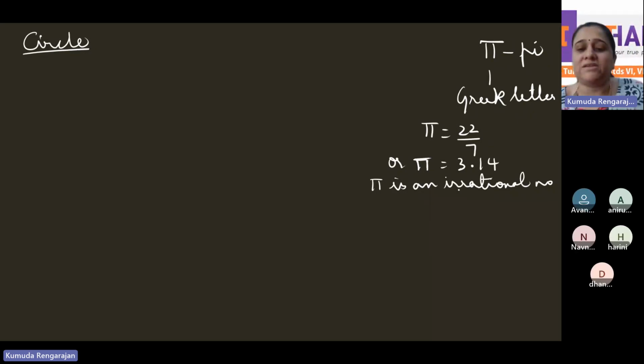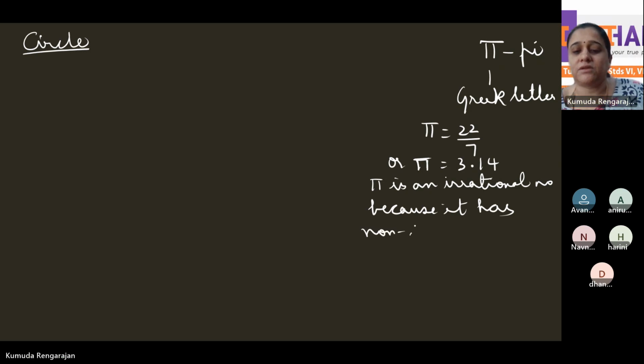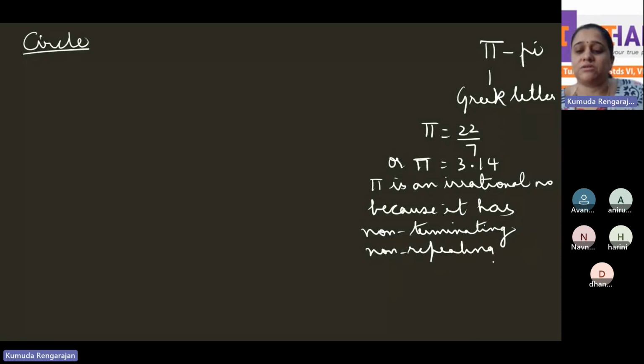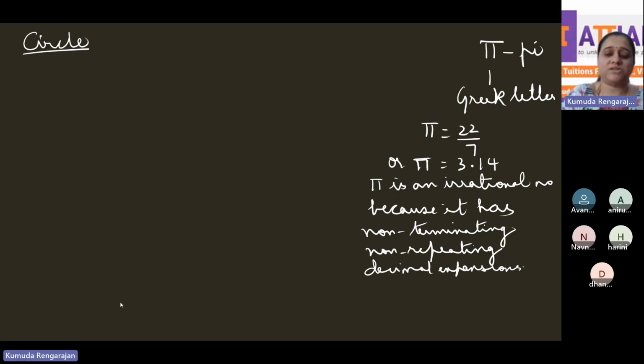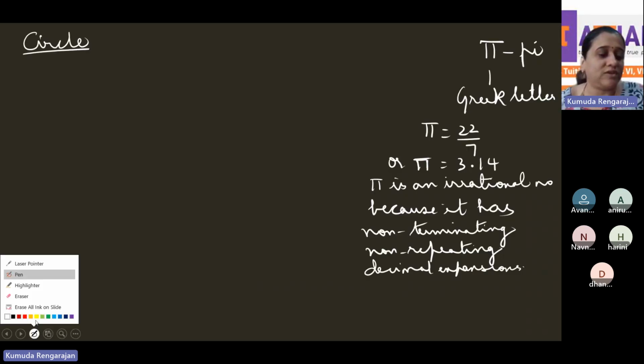Pi is an irrational number because it has a non-terminating, non-repeating decimal expansion. Mathematicians have found the value of pi up to millions and millions of decimal places.